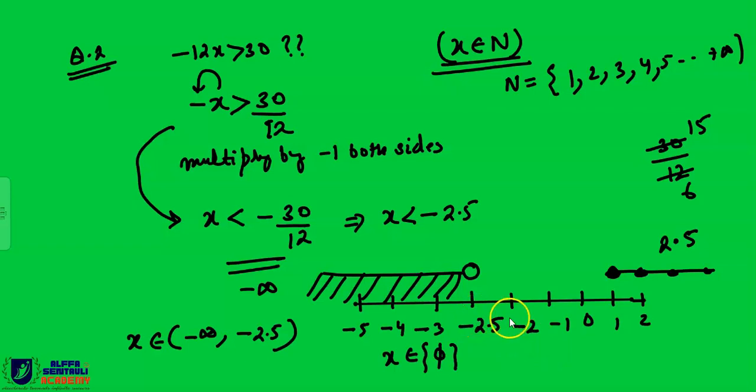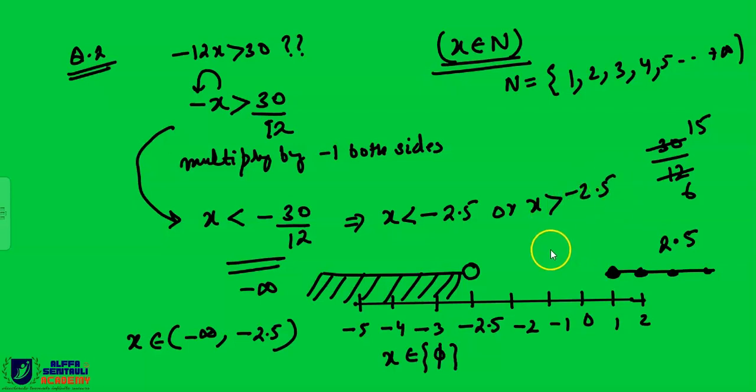How will we get a solution? When there is an intersection of sets. And how will we find the intersection? Let's suppose this question was given as x greater than negative 2.5.